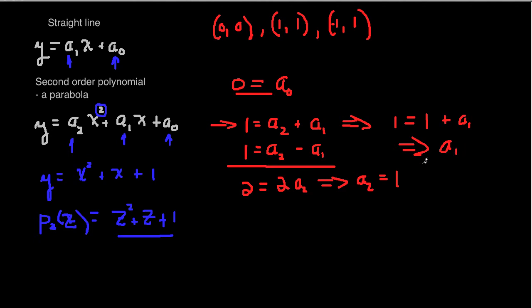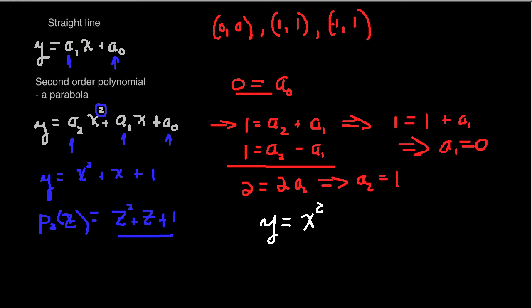So I've just determined that a0 equals 0, a1 is equal to 0, and a2 is equal to 1. So the equation of this polynomial that goes through these 3 points right here is y equal to a2, which is 1, times x squared, and then a1 is 0 and a0 is 0. So I just have y is equal to x squared.